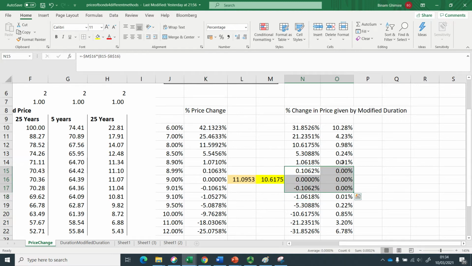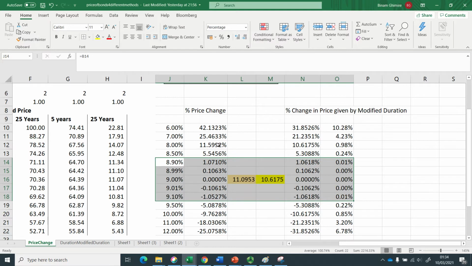Very small change here, 0.01%, but that's not massive. So it worked for all these yield changes, between 9 and 8.9 and between 9 and 9.10, the percentage price change is working perfectly.